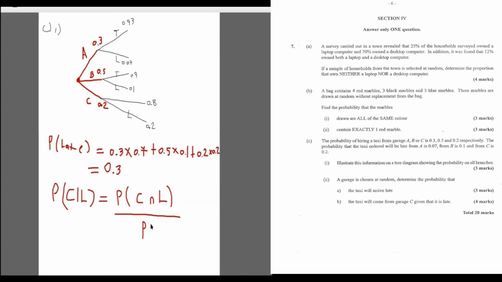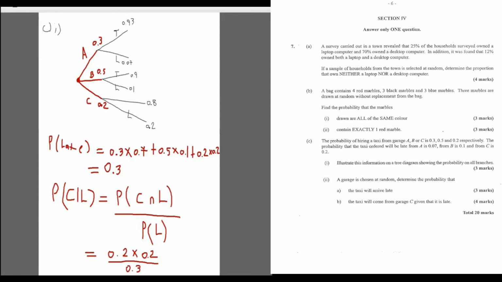So what that means is the probability of choosing taxi C and it coming late. The probability of choosing taxi C is 0.2 times the probability of it being late, which is also 0.2, and then we divide by the probability of the taxi being late, which was 0.3.